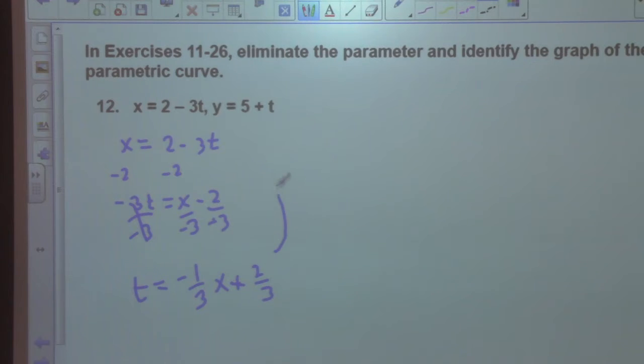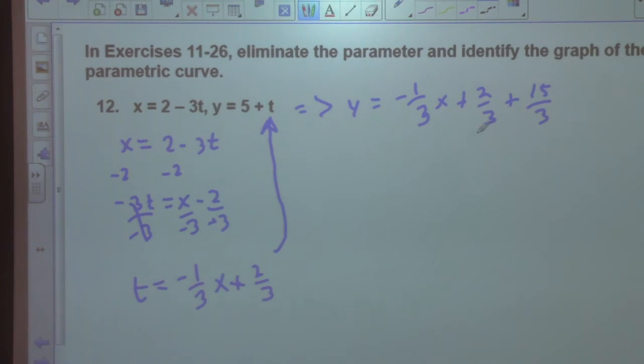And so then you can plug right in here, right? So you have y is equal to negative 1/3 x plus 2/3 plus 5. And what I'm going to do is rewrite 5 as 15/3.